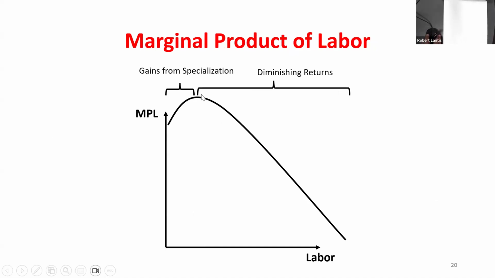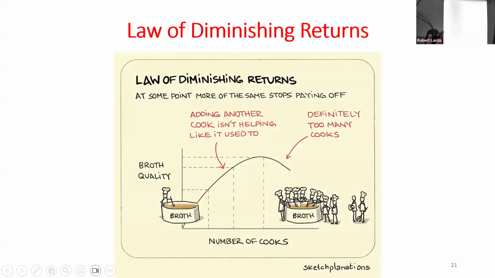Now, eventually we get to a point where I've kind of exhausted those gains from specialization. When I'm adding another worker, now I'm adding the seventh best worker, the marginal product starts to fall again, right? And then this diminishing returns portion is where we know we're going to stop somewhere here. We don't know where yet, but somewhere. Okay?